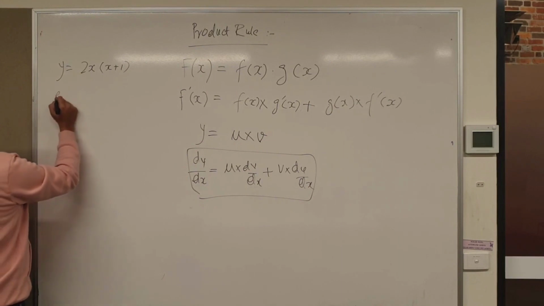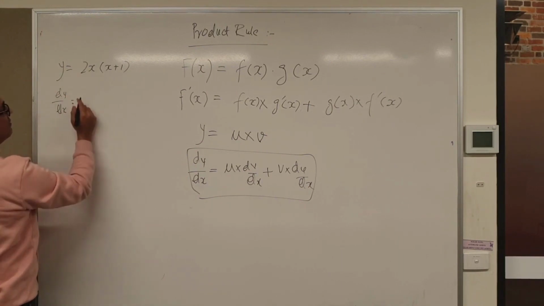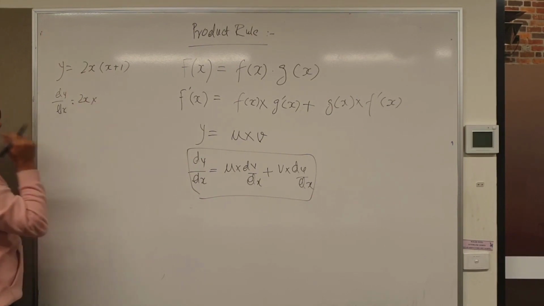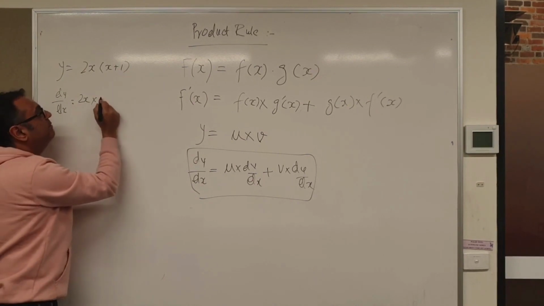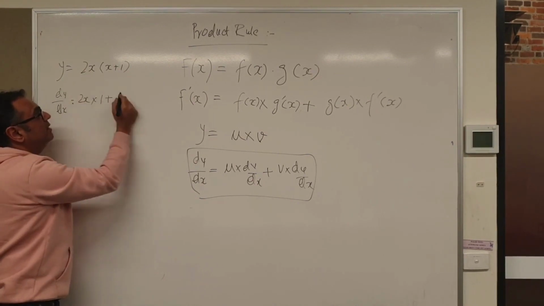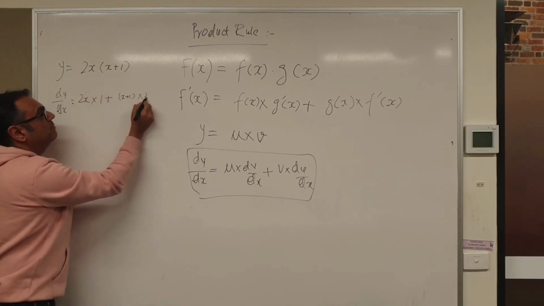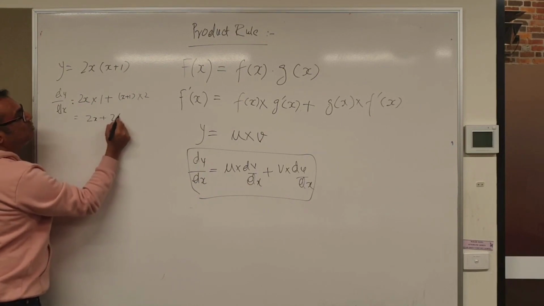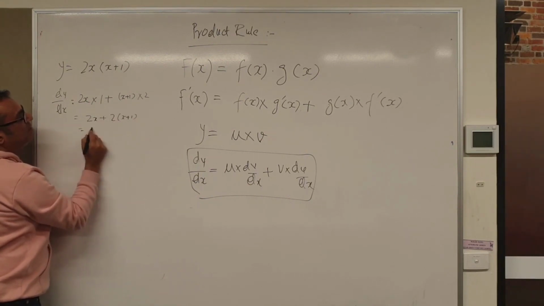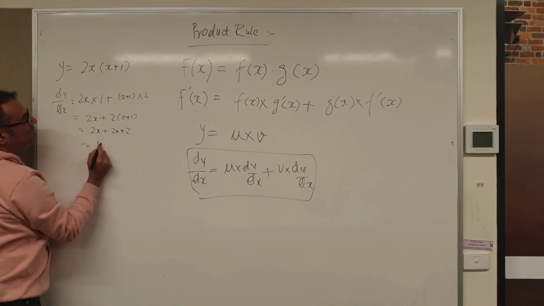The other way is dy by dx equals this function as is, 2x, times the differential of x plus 1, which is 1, plus (x plus 1) times the differential of 2x, which is 2. Let's solve it. This becomes 2x plus 2x plus 2, which is 4x plus 2.